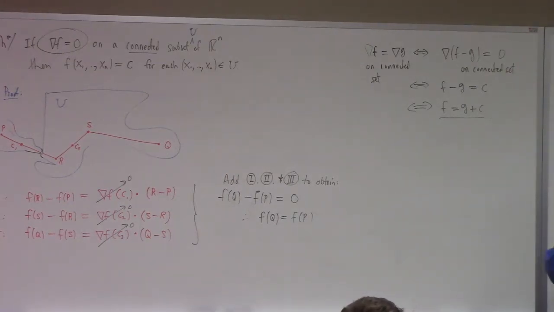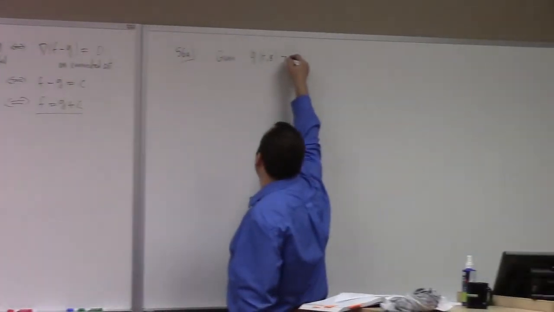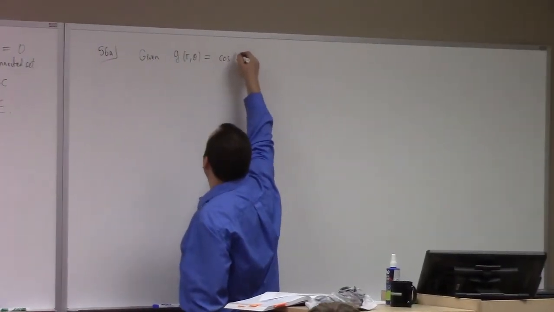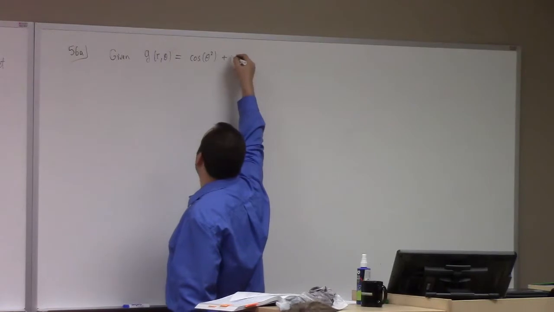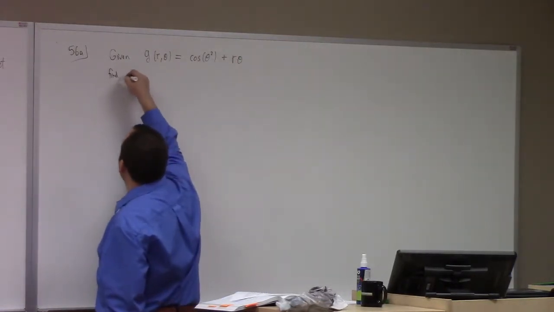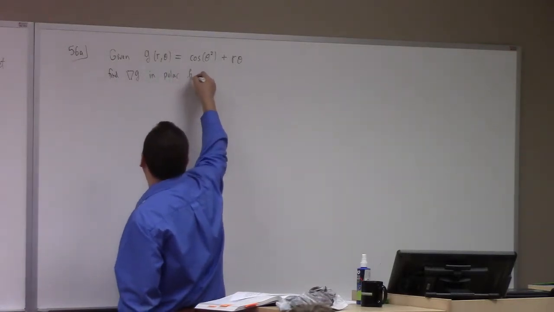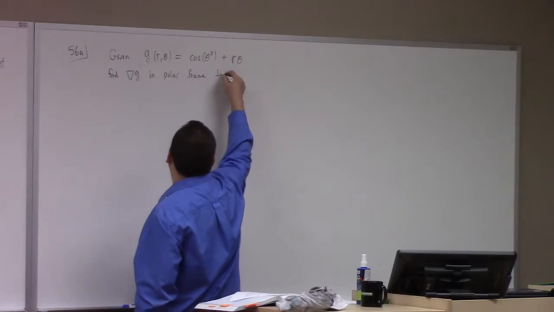So 56A would be something like: given g of r, theta is equal to cosine of theta squared plus r theta, find the gradient of g in the polar frame.